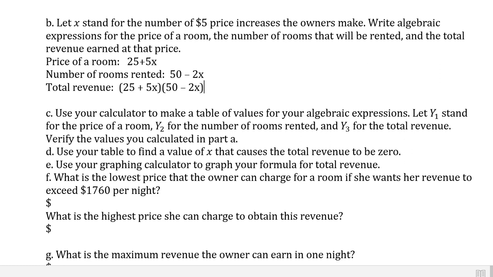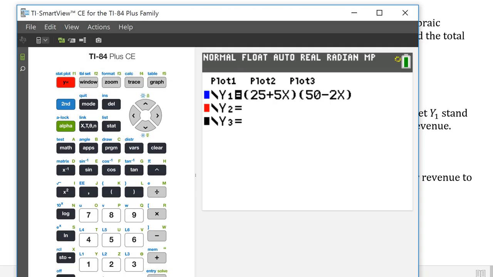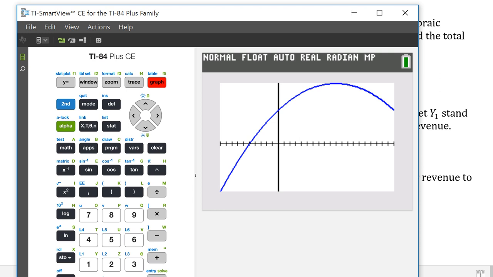Okay, so in Y1, I've plotted this function. I then found a decent window. I hit zoom 6 and then zoom fit, and then adjusted my X max some to see more of the graph.